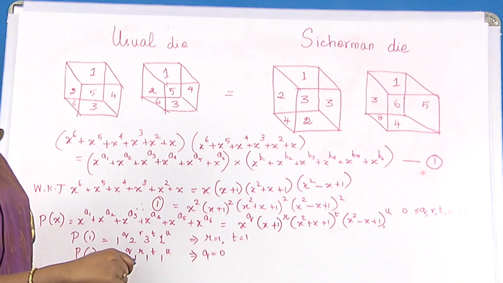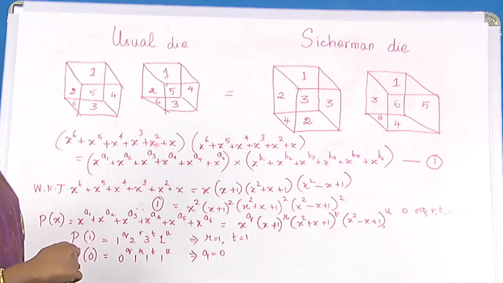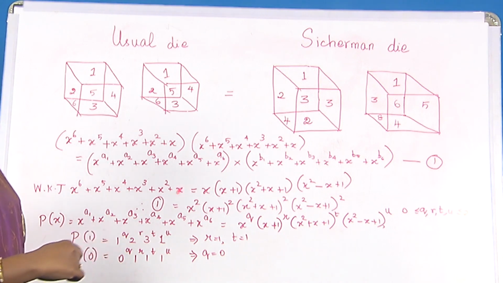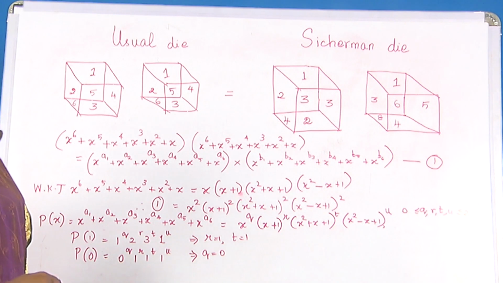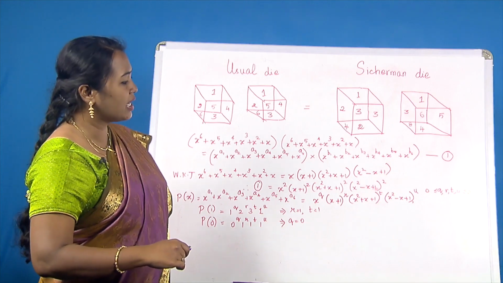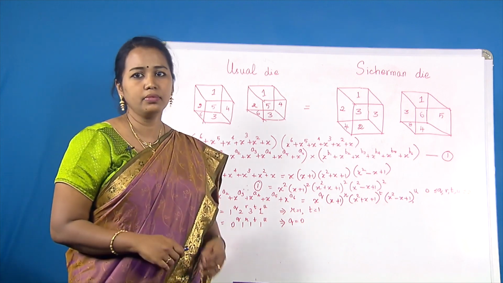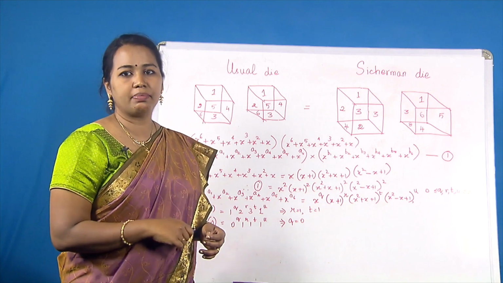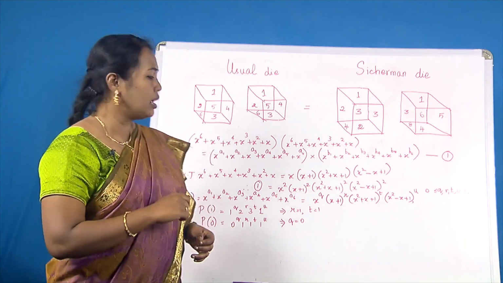Therefore, equation 1 contains two different polynomials which are identical. We have the product of these two polynomials and therefore, 1 can be written as x^2 (x + 1)^2 (x^2 + x + 1)^2 (x^2 - x + 1)^2. So, this means that these factors are the only possible irreducible factors of p(x).